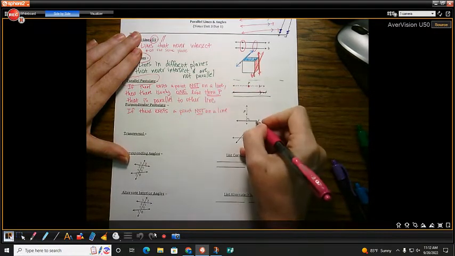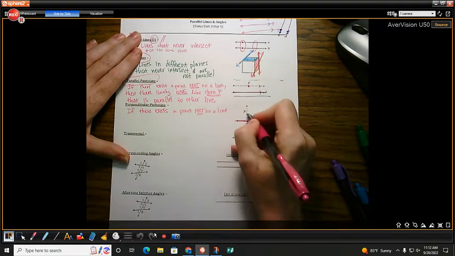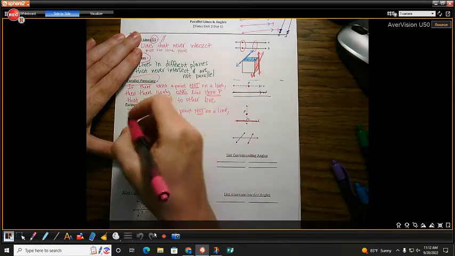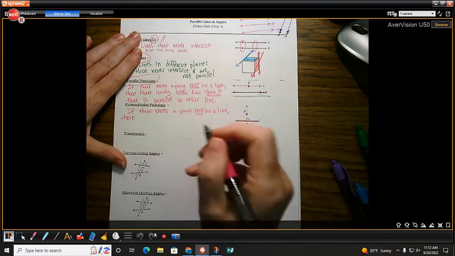Okay, oh look, here's a picture. And here's a line. And here's a point that's not on it. So if that happens, what are you going to say now? Then there's only one line through P that is perpendicular to the other line.